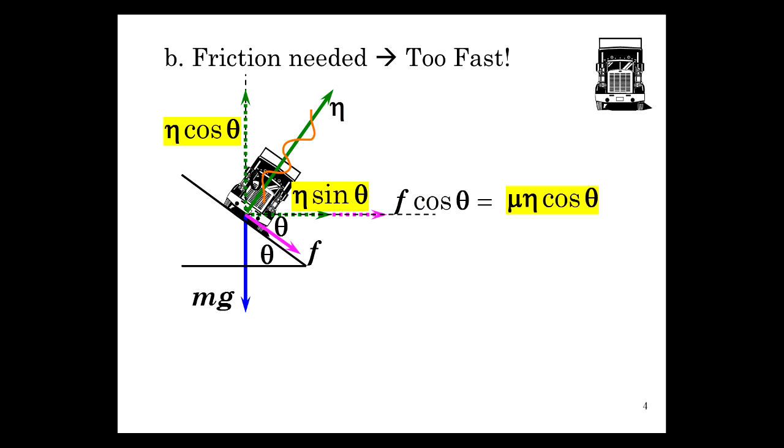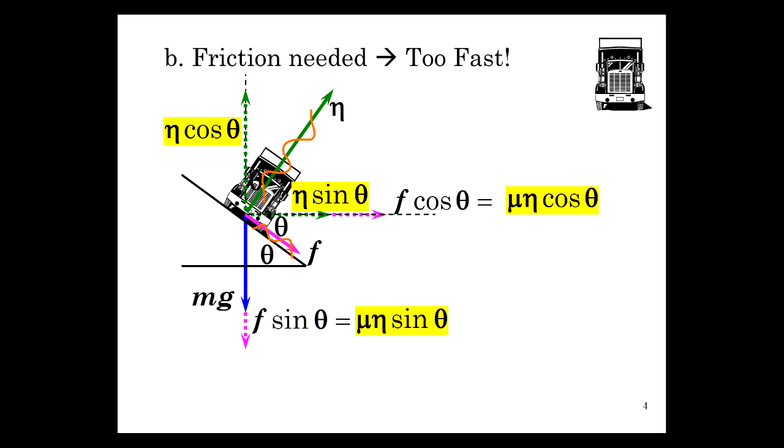Now that is friction, so that's mu normal, whatever normal is, cosine of theta. Also in the vertical, we have a vertical part of this friction, friction sine of theta, that gets tagged on here. So that's mu normal sine of theta. So now we have all the forces broken up into components.